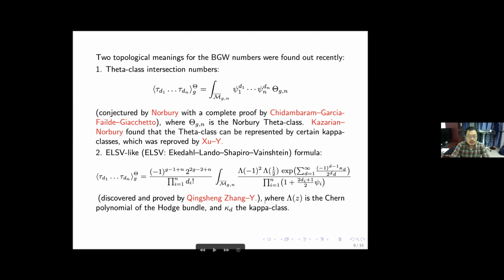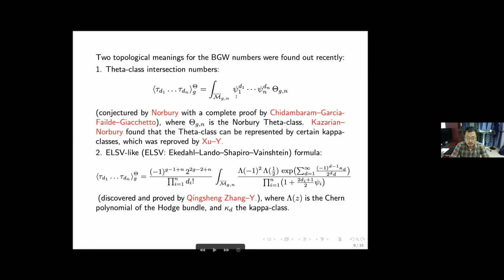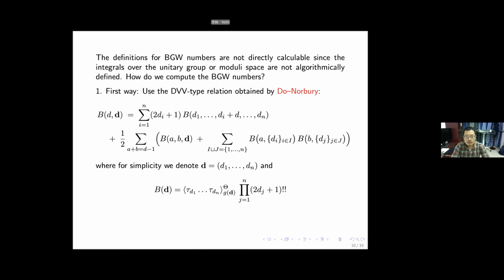From these formulas, we know that the BGW numbers, originally defined as matrix integrals, actually also have enumerative or topological meanings. So they are also important rational numbers, and conjecturally they are essentially integers.